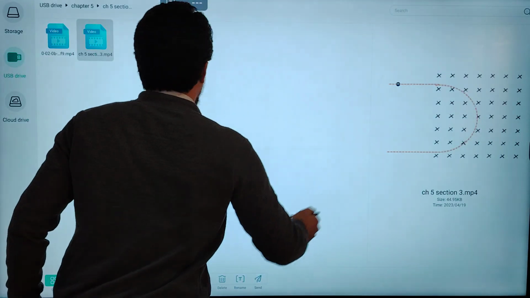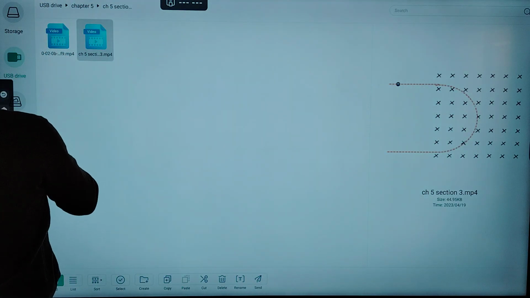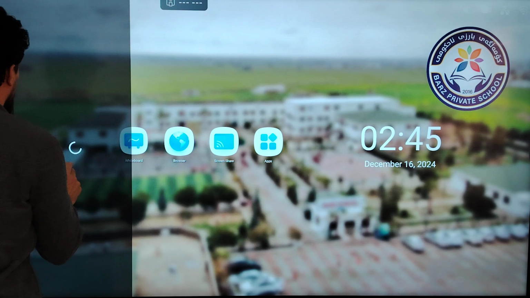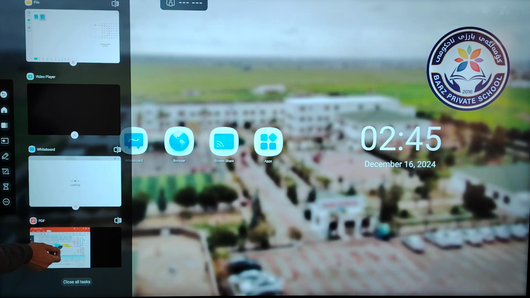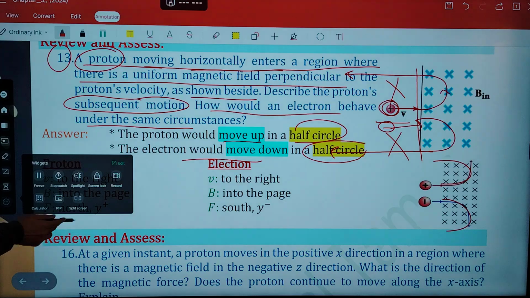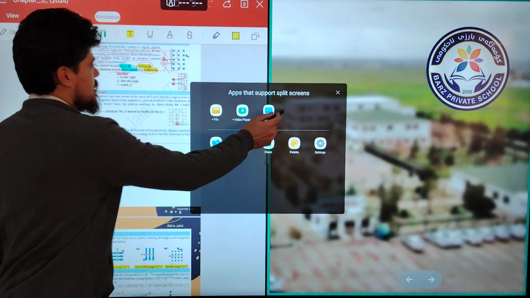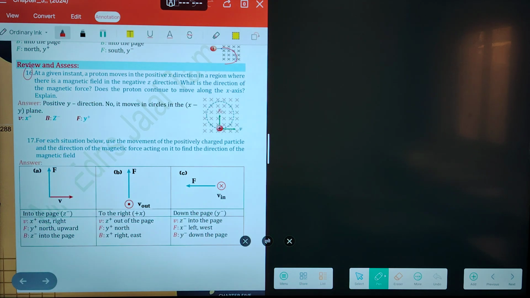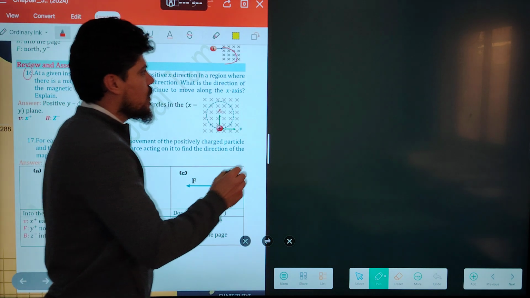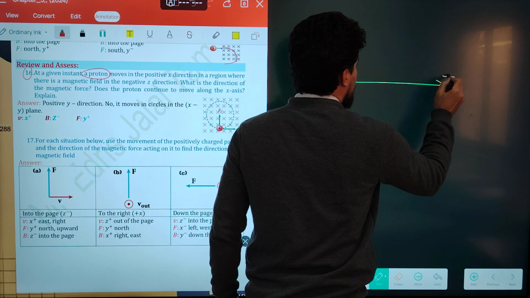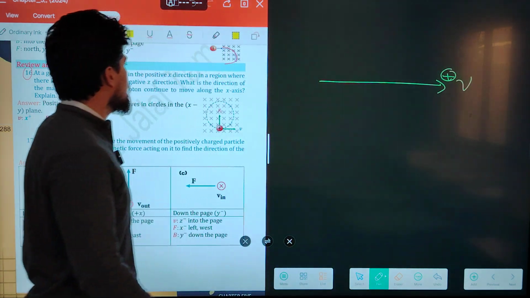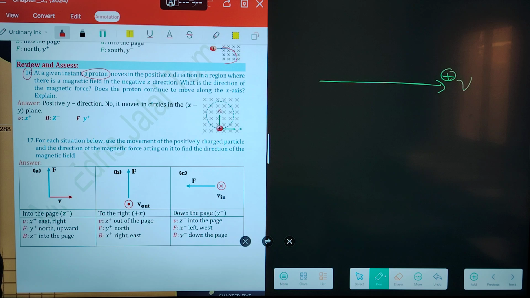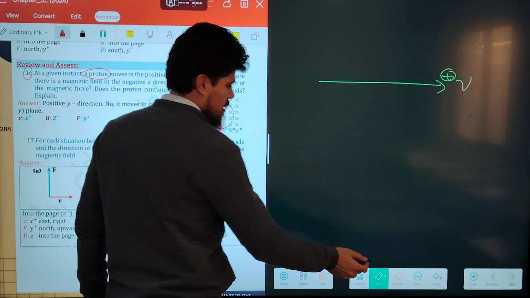Okay, guys, let's go back to our PDF. Look: at a given instant, a proton moves in the positive x direction in a region where there is a magnetic field in the negative z.